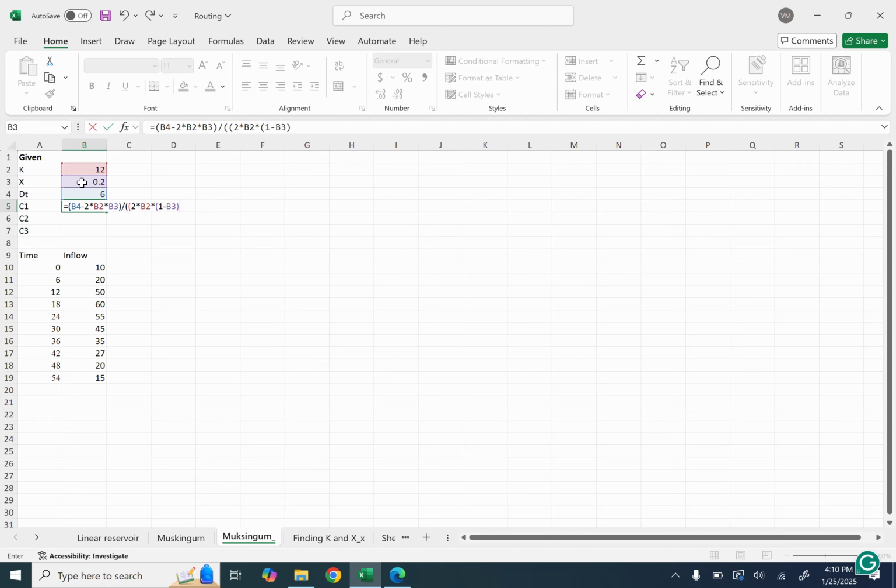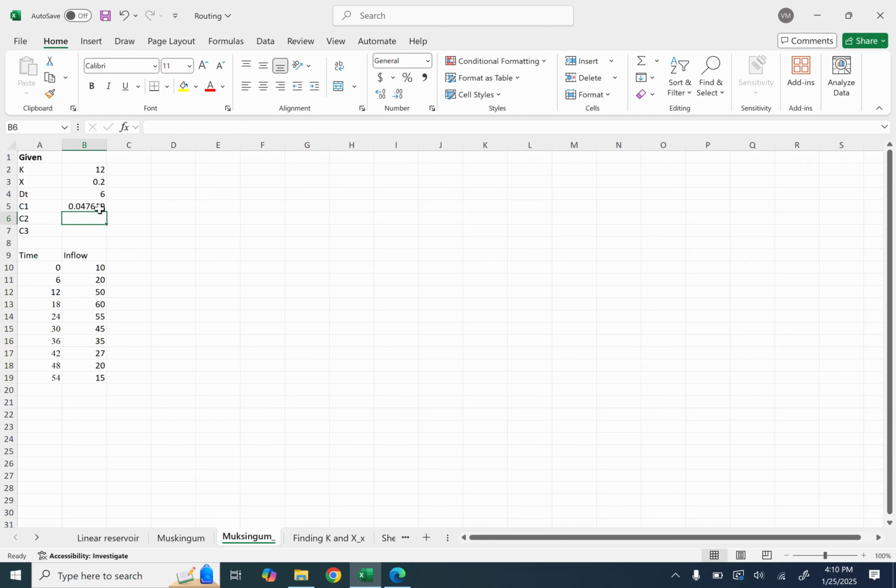So that completes that parenthesis, and that parenthesis, and then we have plus delta t, and this completes the denominator. So I'm just going to push enter and make sure I get the same C1 that I calculated manually.